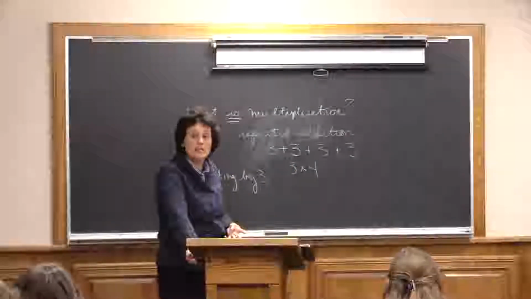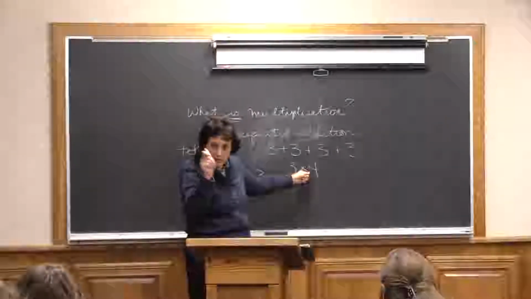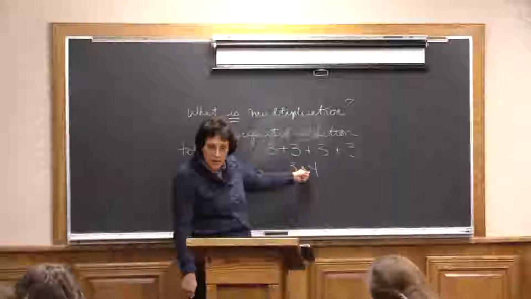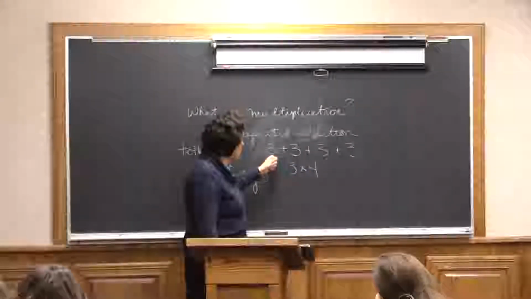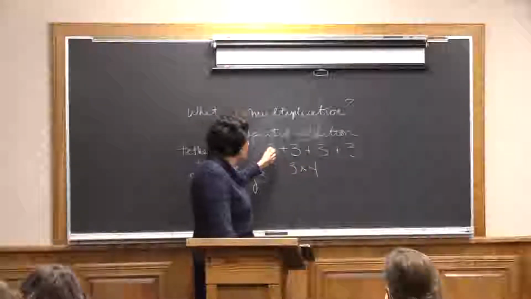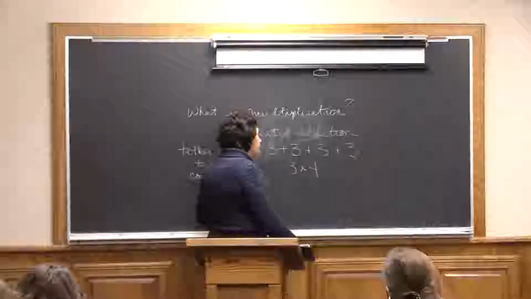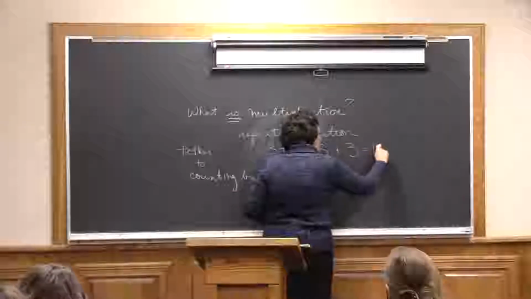We can use times. And we have to introduce the little cross times sign and the word times and the word multiply and so forth. Multiplication is repeated addition. Instead of manually adding 3 at a time, we're just going to do 3 times 4, and that is 12.